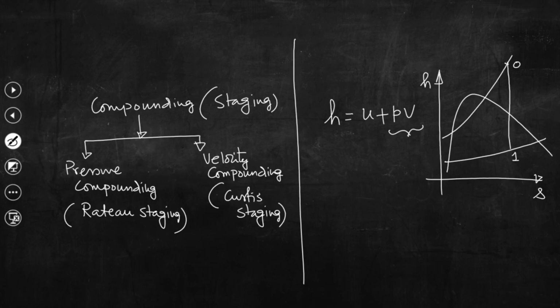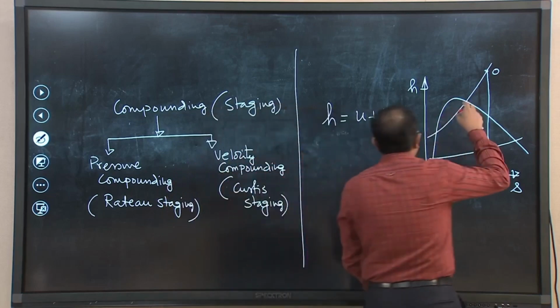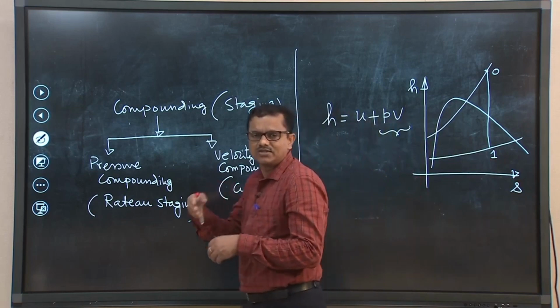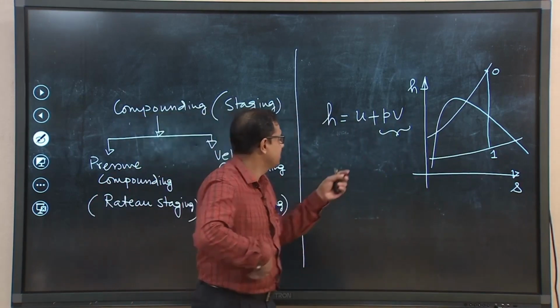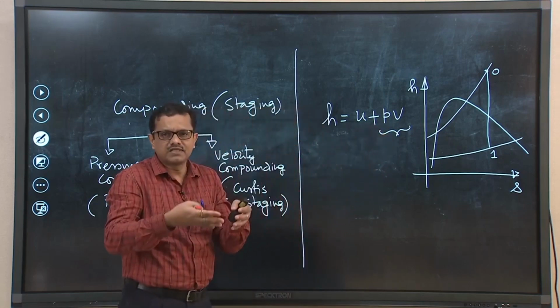We would like to have this total enthalpy drop, but if we can have multiple stages and if the pressure and velocity are compounded, we can have the total enthalpy drop in a number of stages.